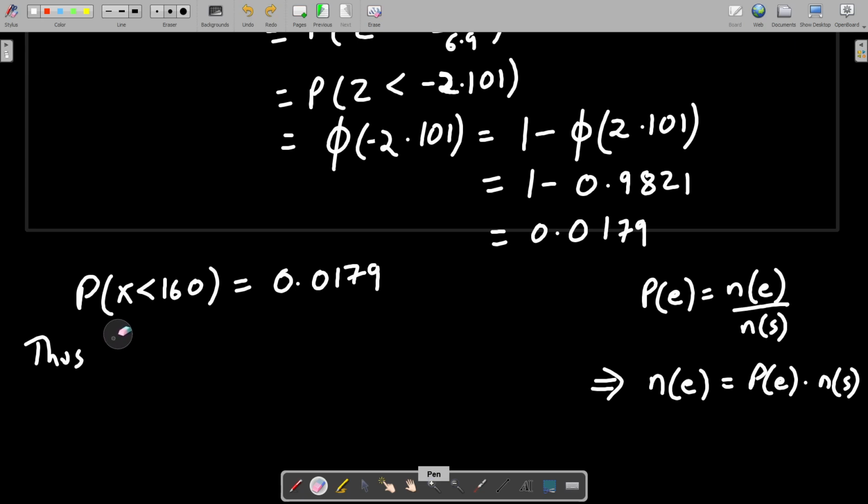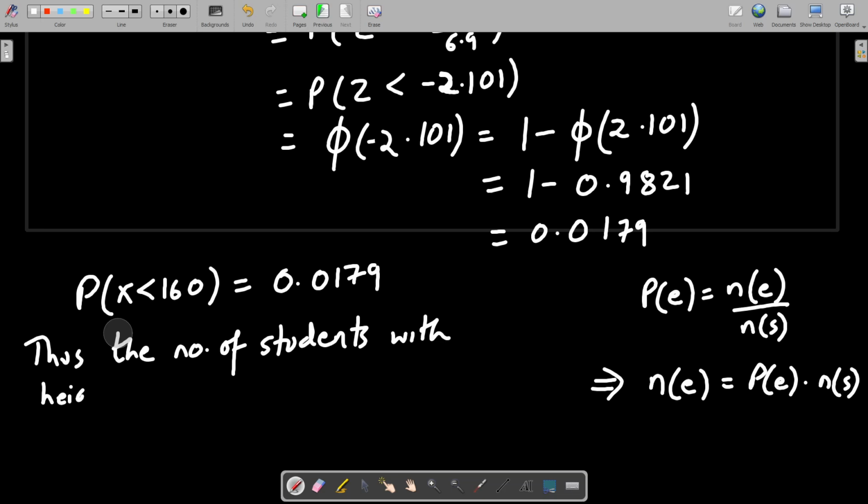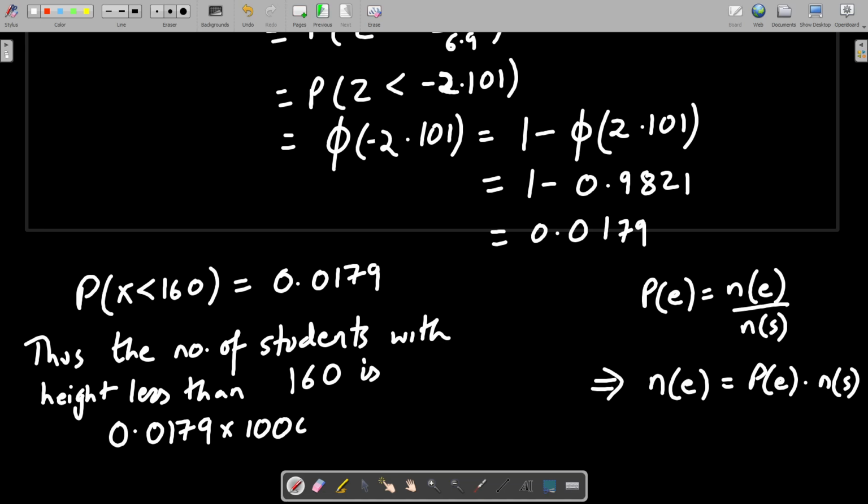Thus the number of students with height less than 160 is 0.0179 multiplied by 1000.